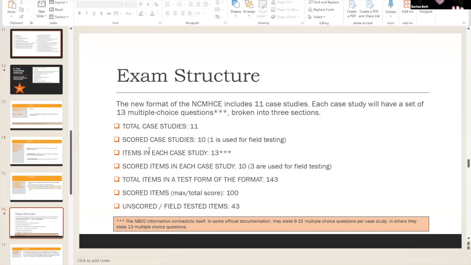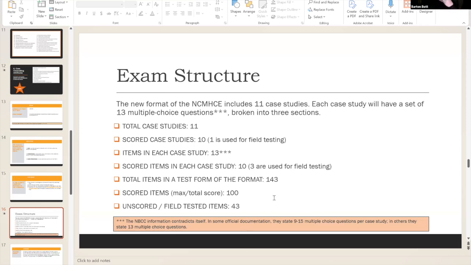Out of the 11 case studies, 10 of them are scored. Now, the items in each case study, I mentioned just a moment ago, could be anywhere from 13 to 15. And the little asterisk here is a note that at various places on the website, one time they say there's 13 questions, and another time 14.